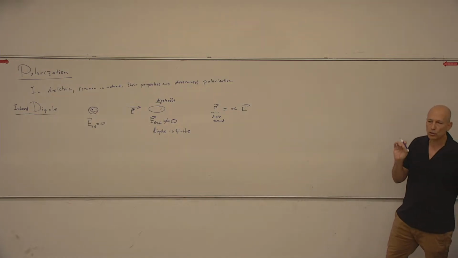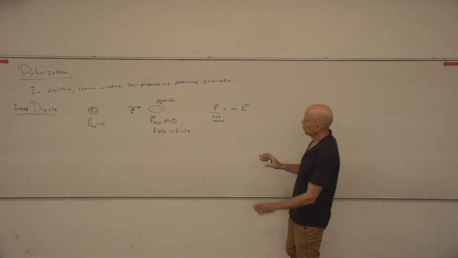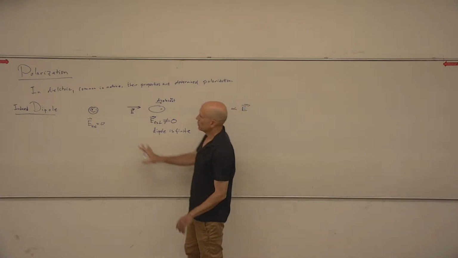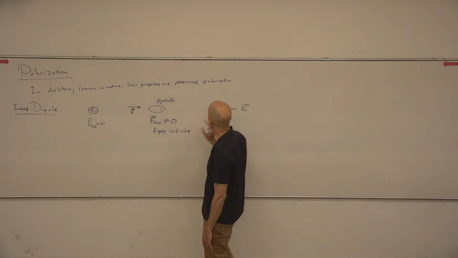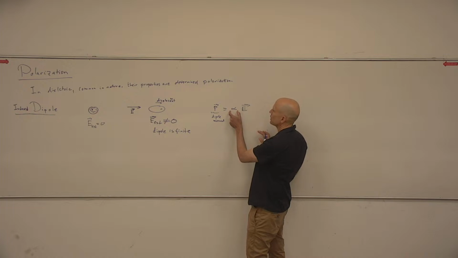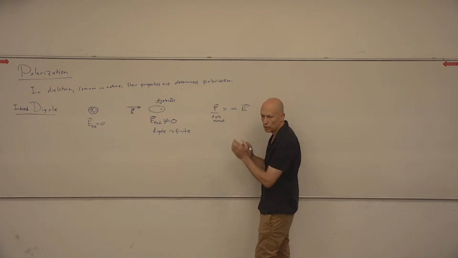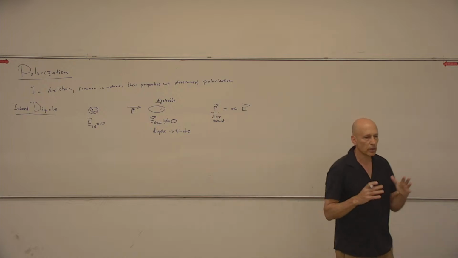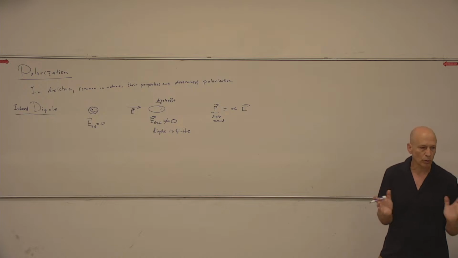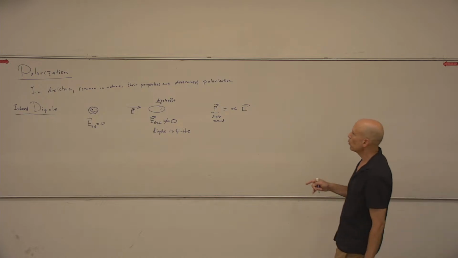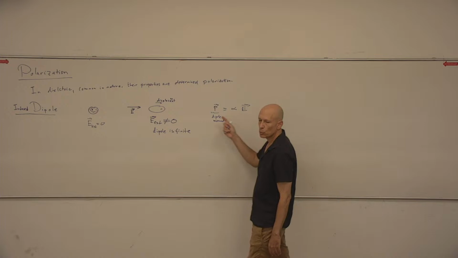If the field is not strong, and if the system is symmetric at the beginning, then the bigger the field, the bigger this dipole is. And this alpha, what is this alpha? This is something that you can measure in principle. You do an experiment. You apply a weak field. What is weak in this case?